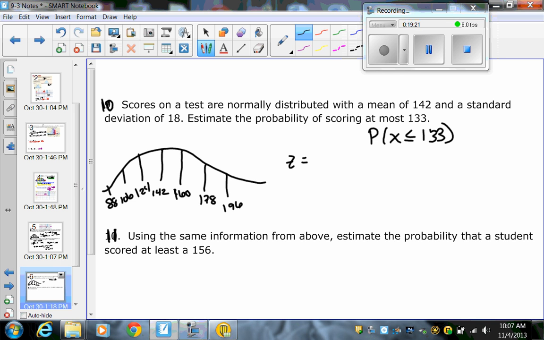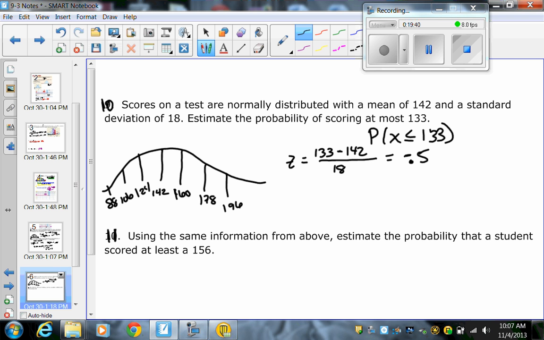So the z equals the number, which is 133, minus the mean of 142, divided by the standard deviation of 18, which gives me a z-score of negative 0.5.